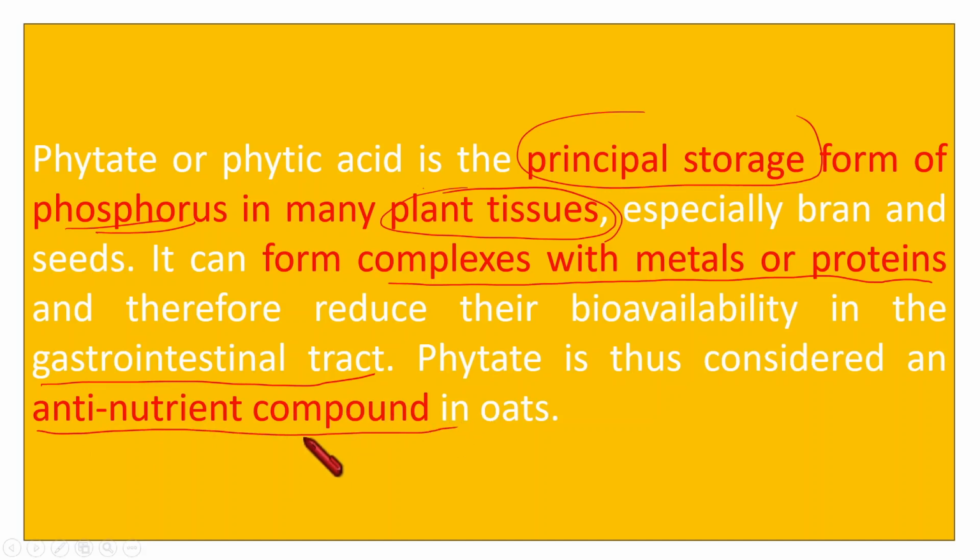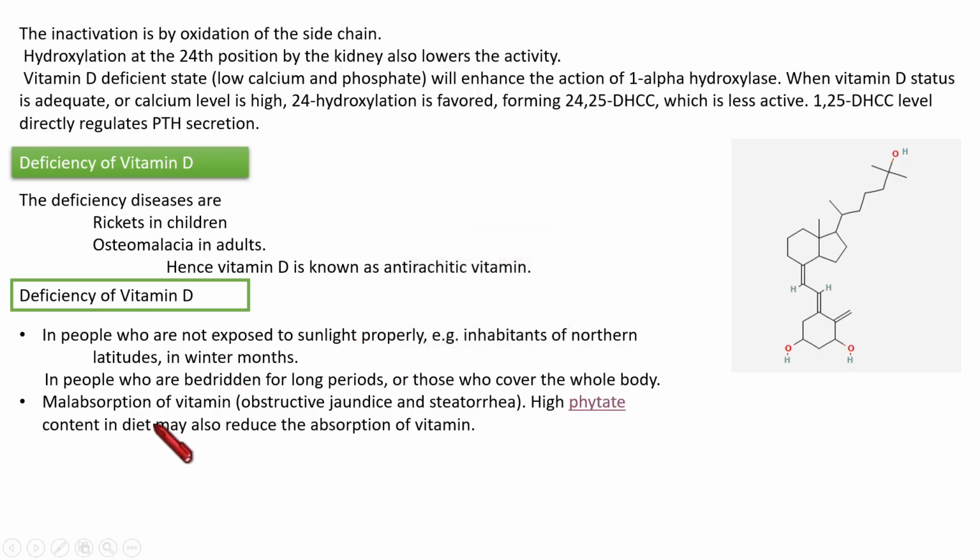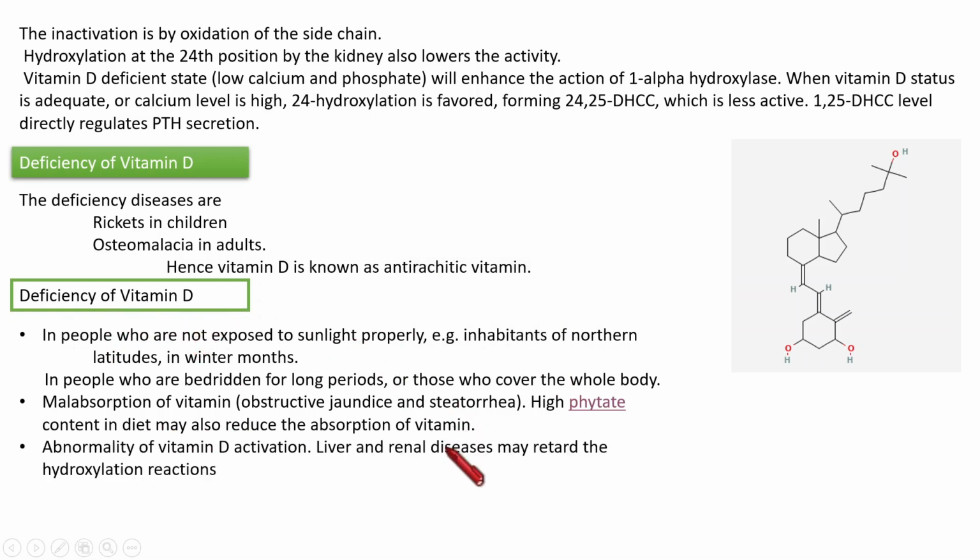It affects the proper absorption of metals and proteins from the gastrointestinal tract. So what do you understand from this statement? The food that contains more phytic acid is not at all good. It is an anti-nutrient compound. Okay. And so that also can lead to the deficiency of vitamin D.